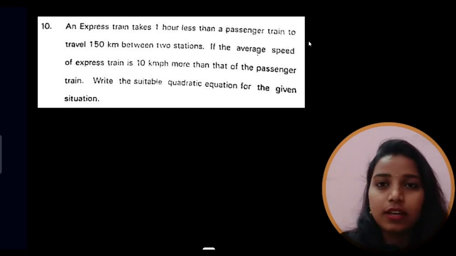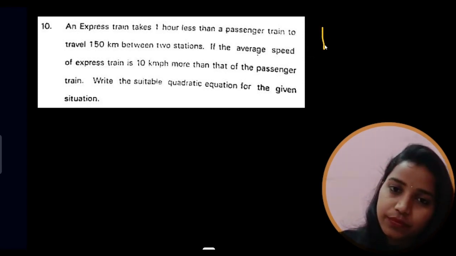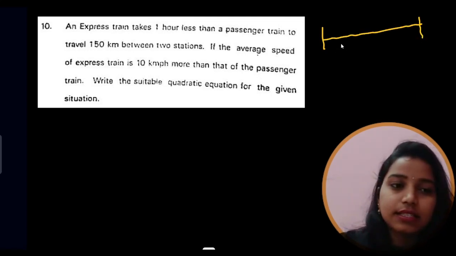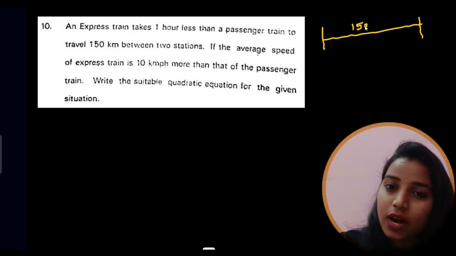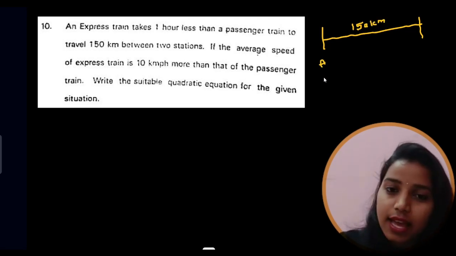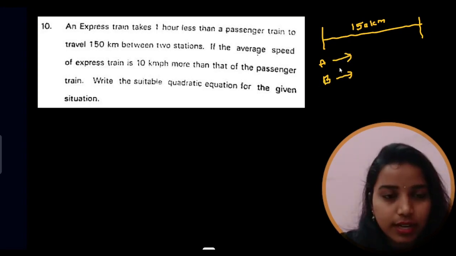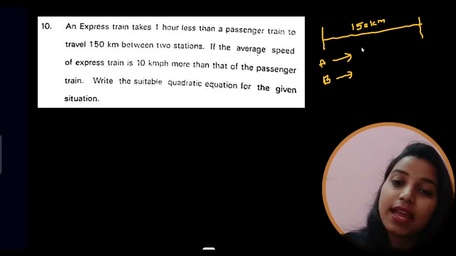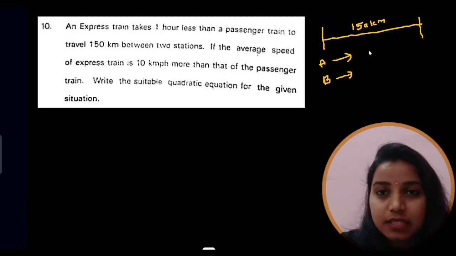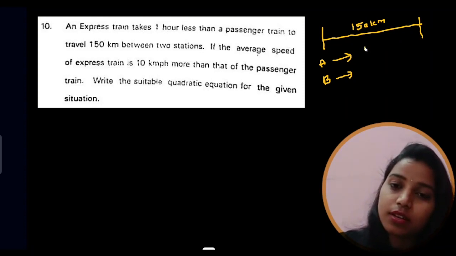So here, what is the question? The distance between the two stations is 150 kilometers, right? And two trains, express train and passenger train, are both traveling between these two stations, and the time taken by the express train is 1 hour less, because its speed is more, that is why its time is less.